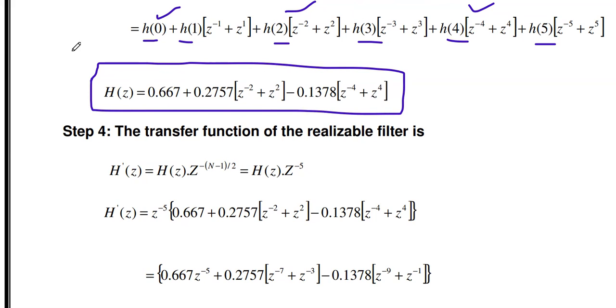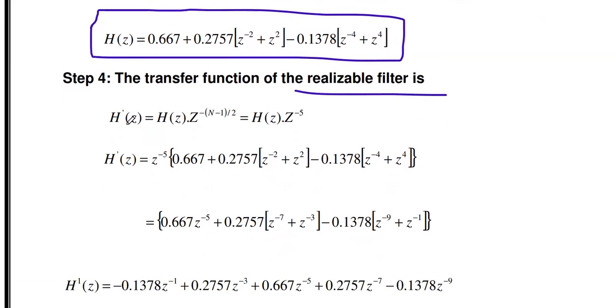So in order to convert the transfer function into a realizable filter, we have to multiply the H of z with z power minus of (N minus 1) by 2. So you just multiply the H of z with z power minus 5, we can get the H dash of z. So H dash of z is equal to z power minus 5 into this H of z.